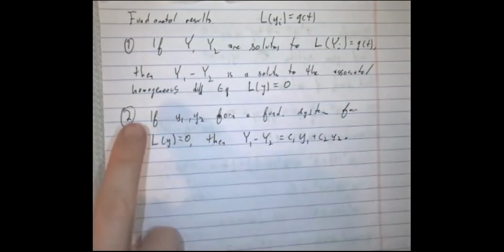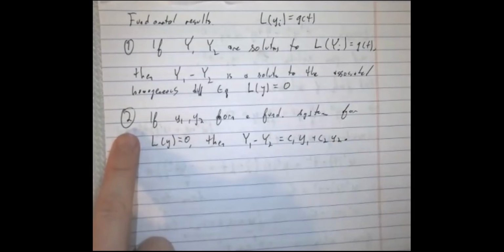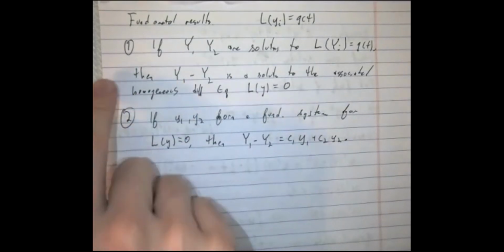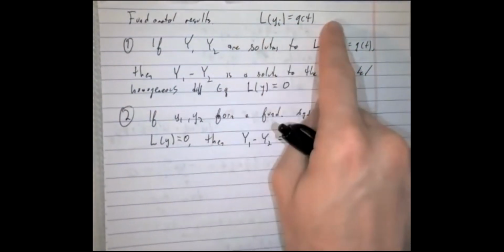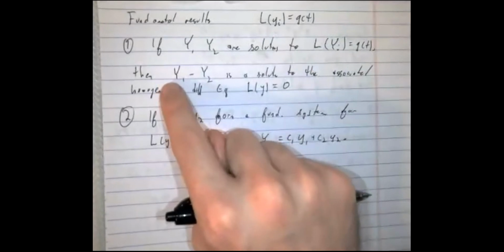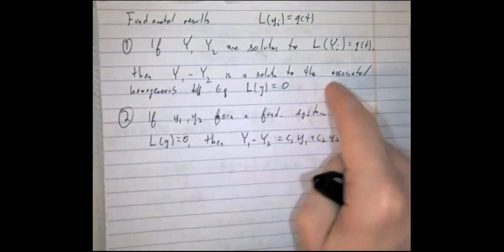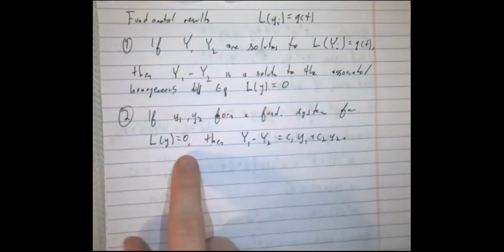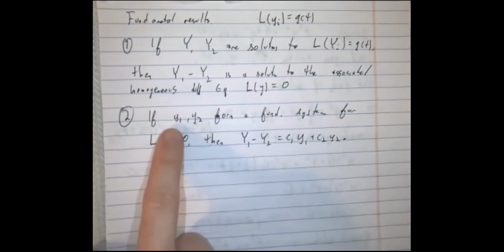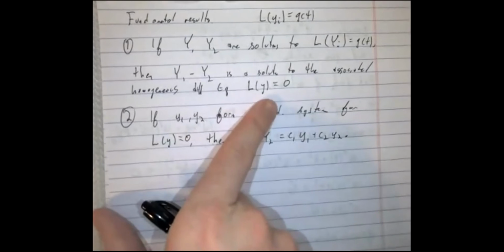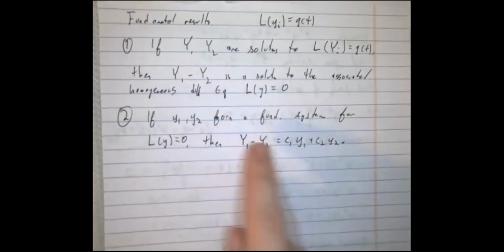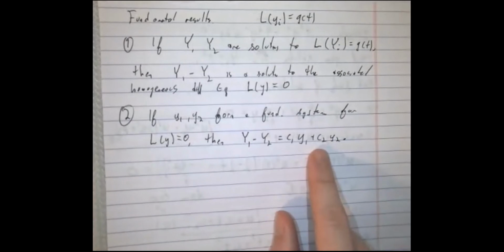So the second part is pretty much obvious once we show the first part. The first part says, given two solutions to the non-homogeneous differential equation, we can produce out of those two solutions a solution to the homogeneous part. And then the second comment is that any solution to the homogeneous part is going to be able to be written as a linear combination of a fundamental system of solutions.